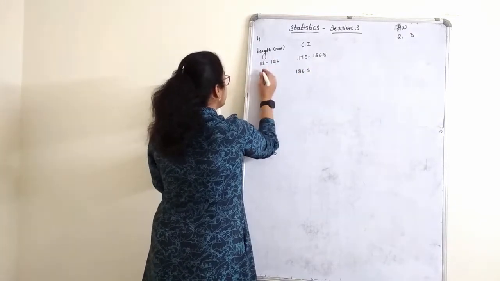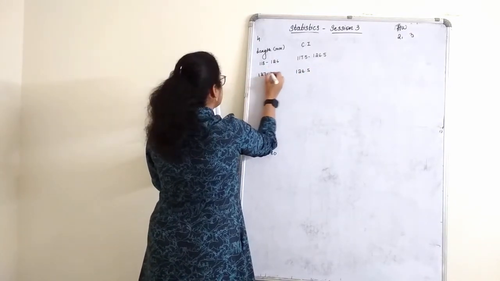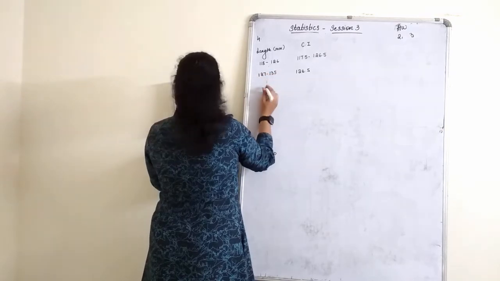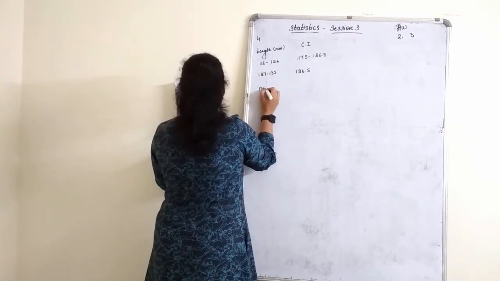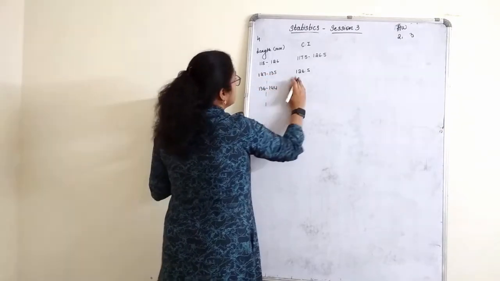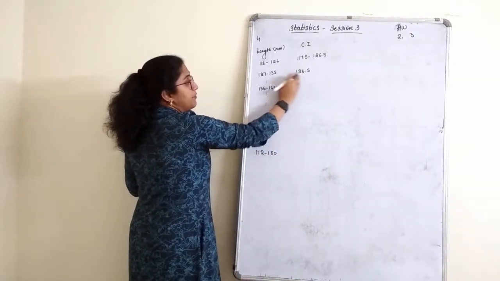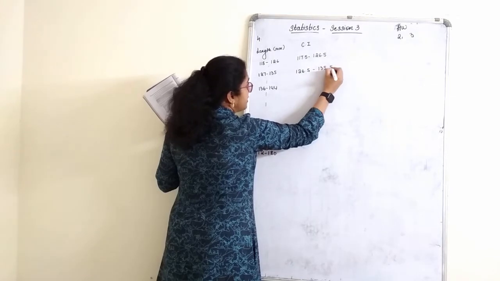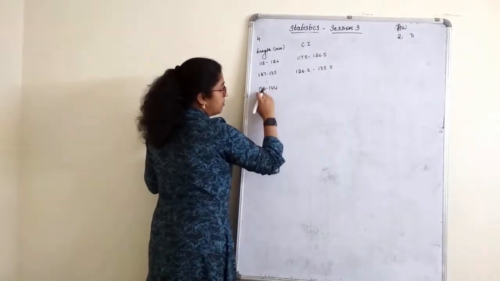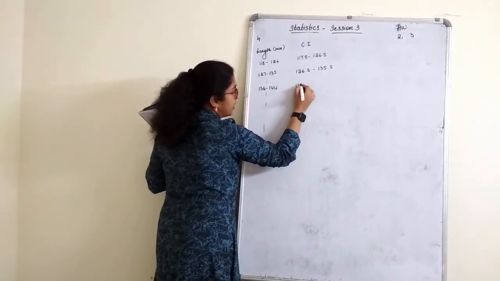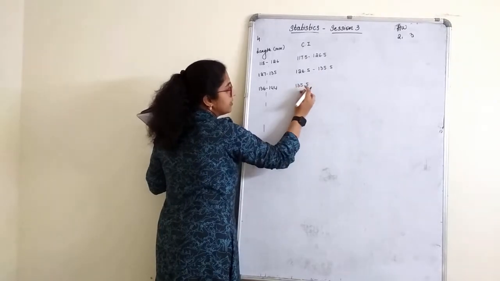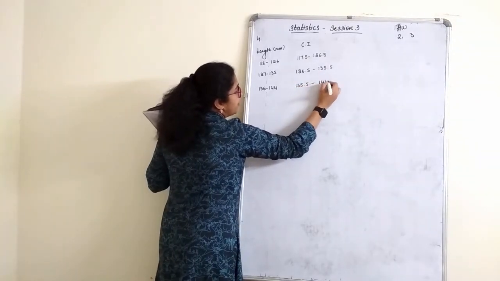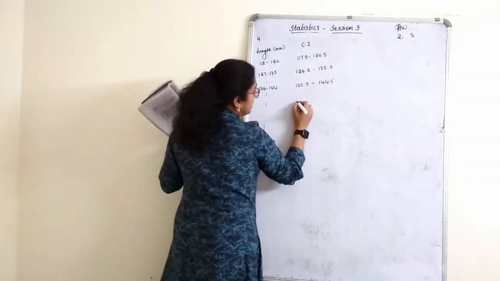See here, what is the next one actually? 127 to 135, 136 to 144. Minus 0.5 is 126.5 to 135.5. This one minus 0.5 will be 135.5. Are they continuous? Yes. Then 144.5.